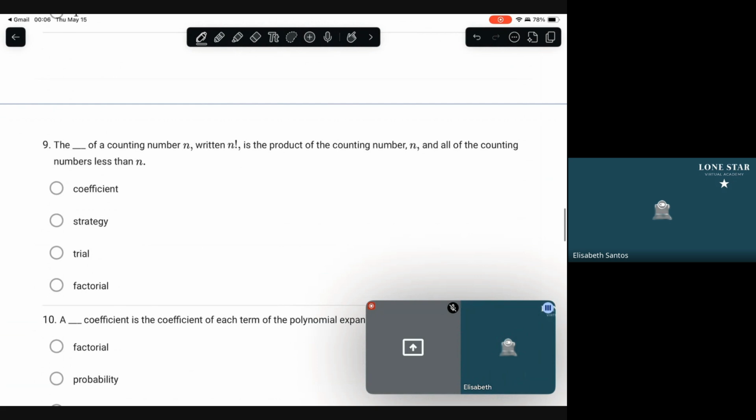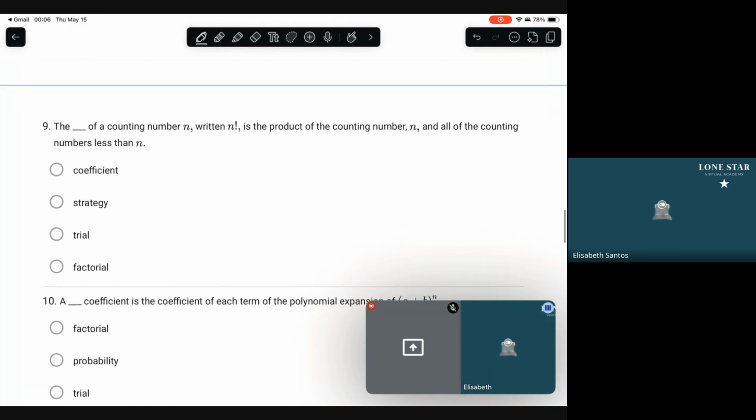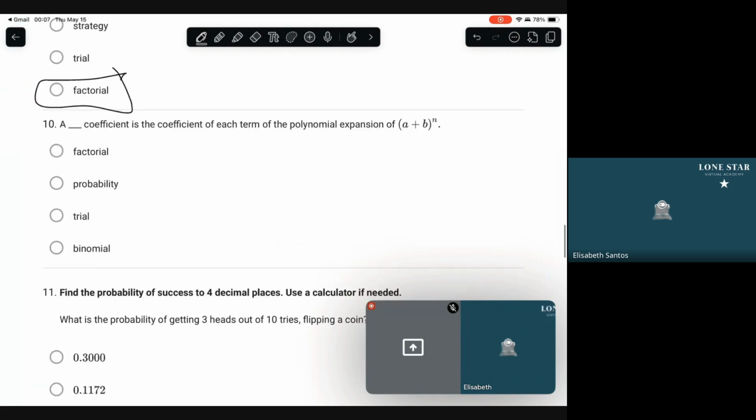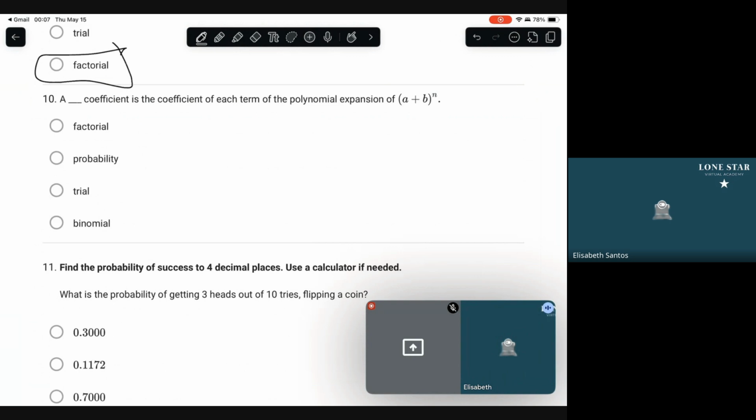Number 9, the blank of a counting number n, written with the exclamation point, is called factorial. And that is the product of the counting number n and all of the counting numbers less than n. And 10, a binomial coefficient is the coefficient of each term of the polynomial expansion of a plus b to the power of n.